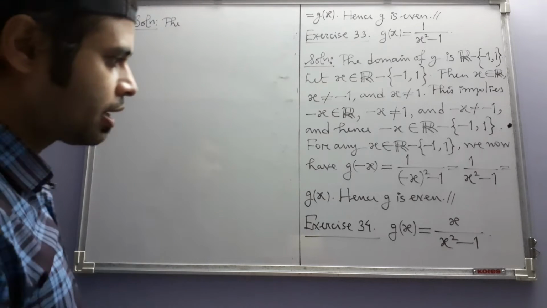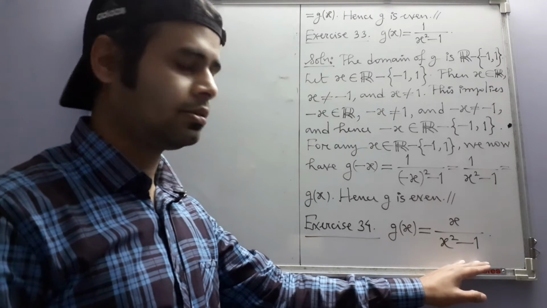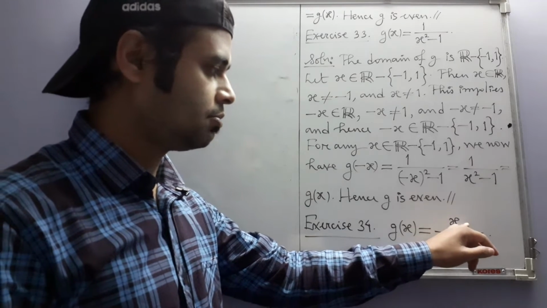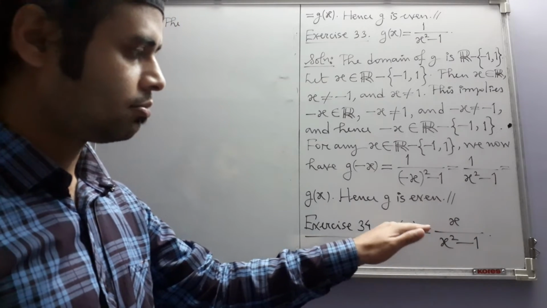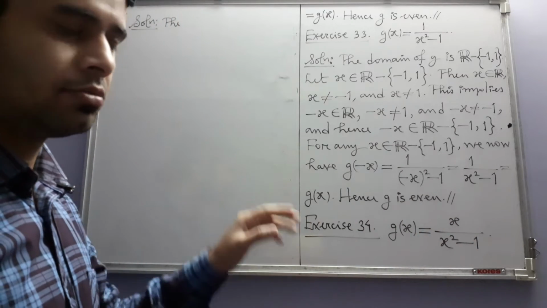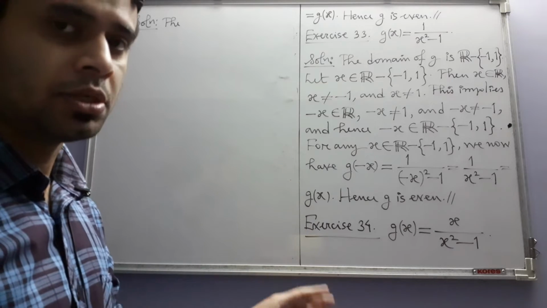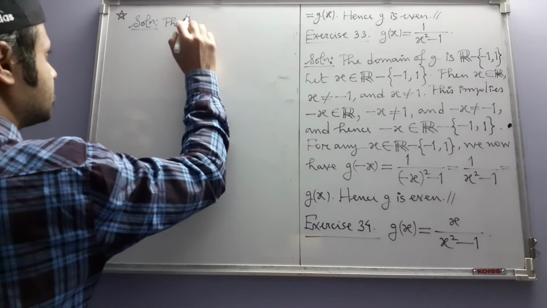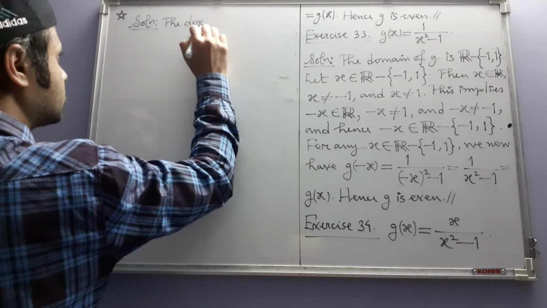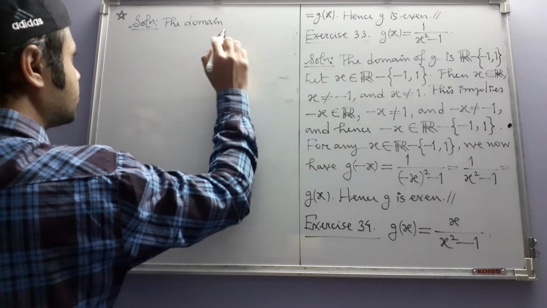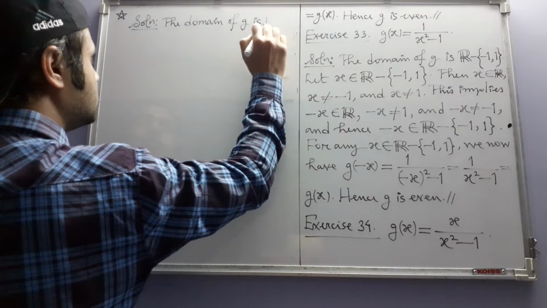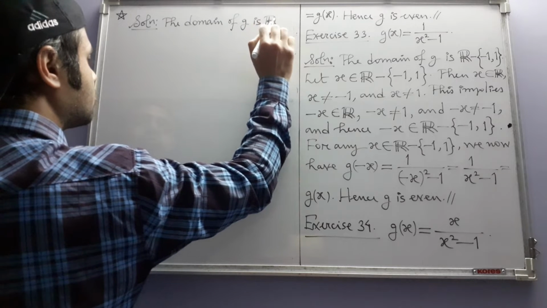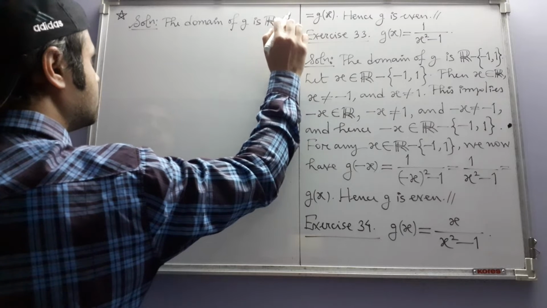Here also, as far as the domain is concerned, we don't have to worry about the numerator. We worry only about the denominator. We want it to not be 0. So the domain of G is again this.